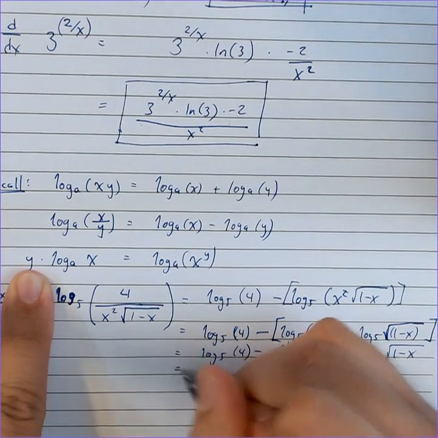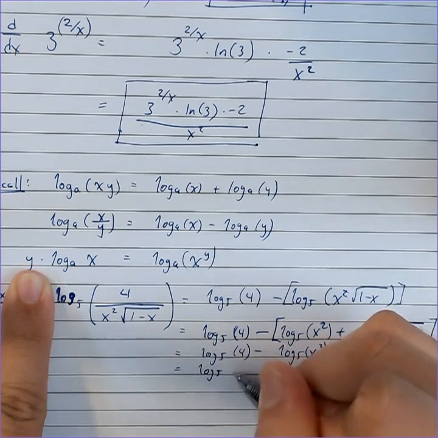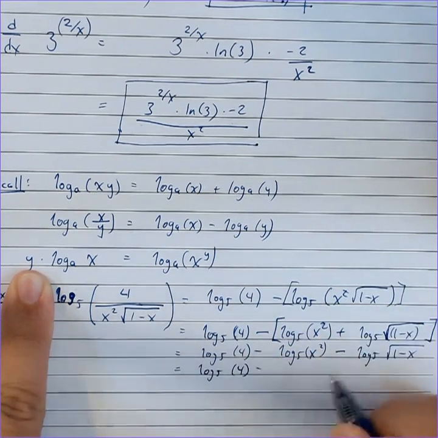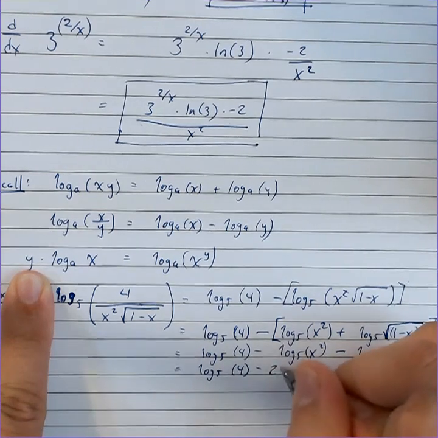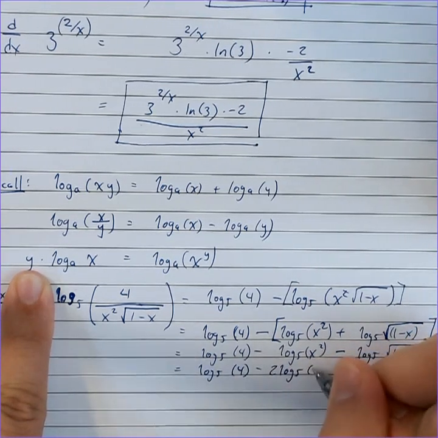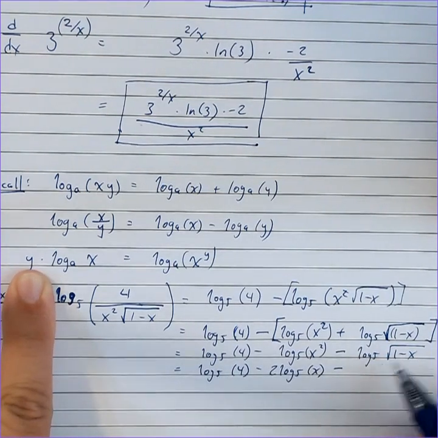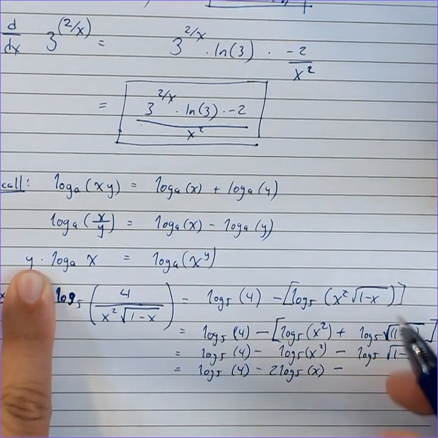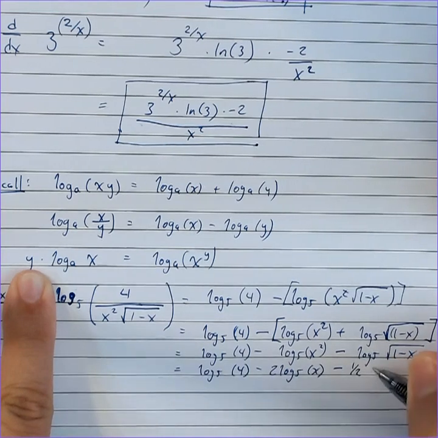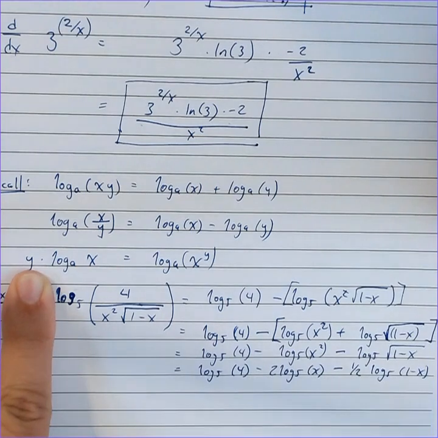So here I can write this as log base 5 of 4 minus, and bring that 2 out, that's 2 log base 5 of x minus this 1/2 power, same as a square root, can be brought out, and we can write this as 1/2 log base 5 of 1 minus x.